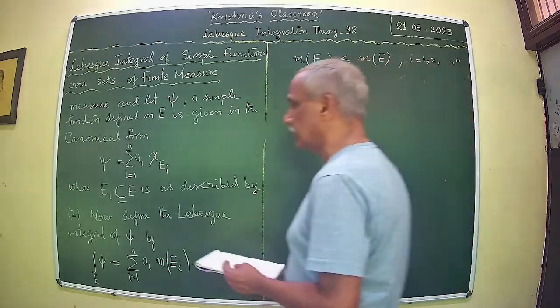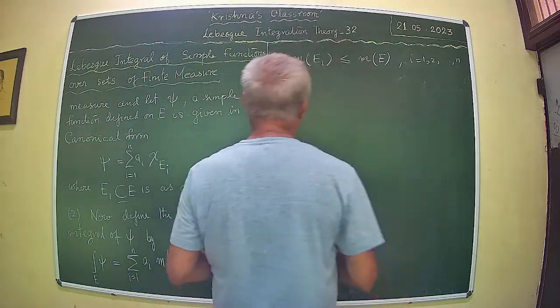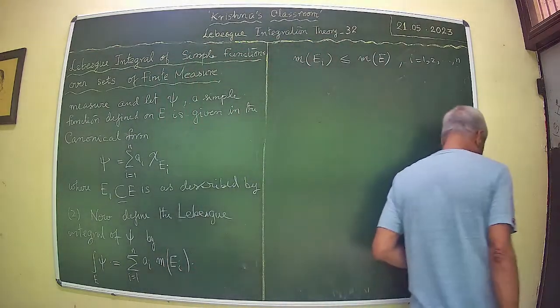These are measurable sets, these are subsets of E. Therefore, this inequality is satisfied.